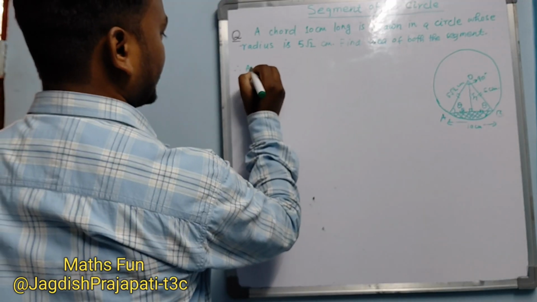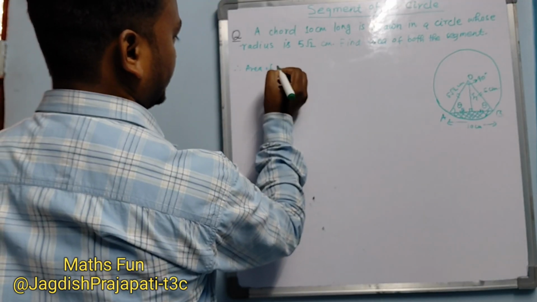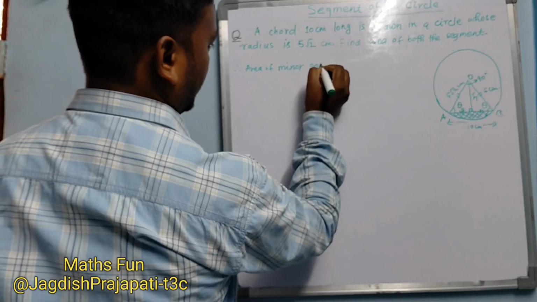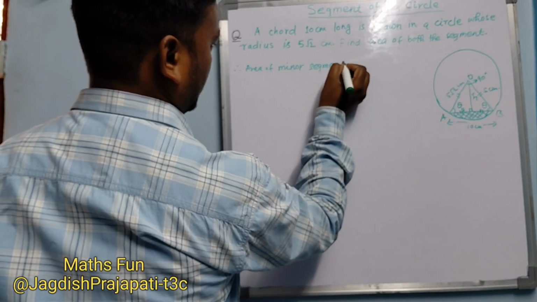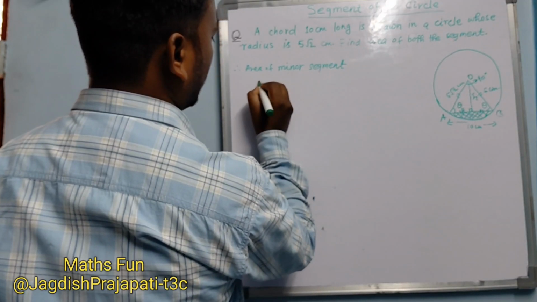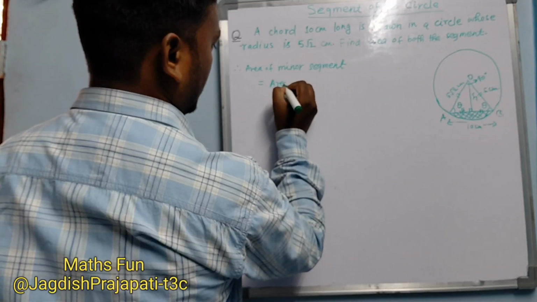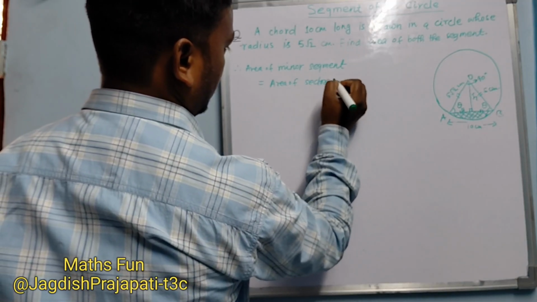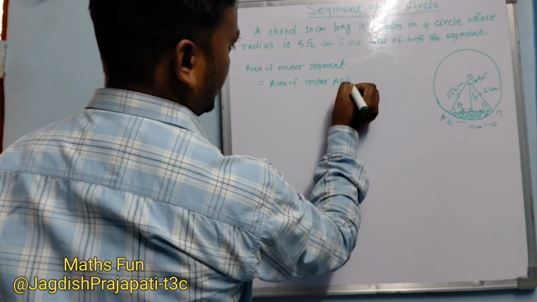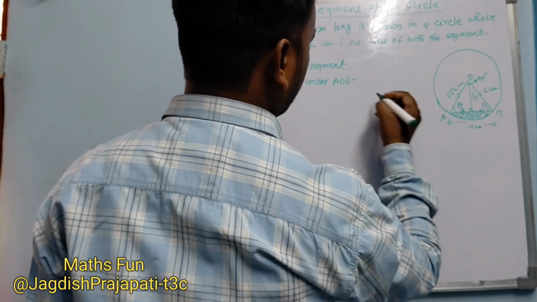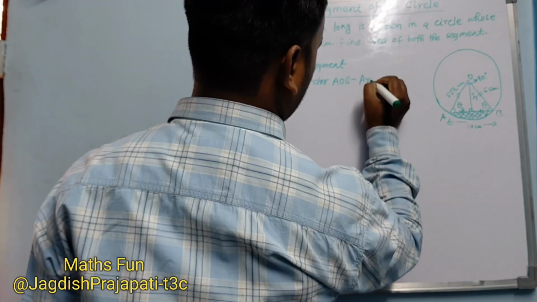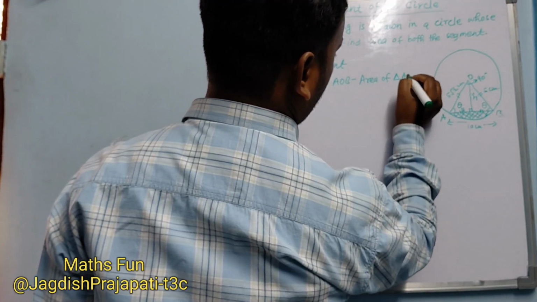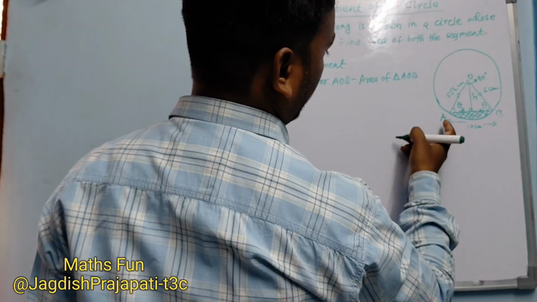Therefore, area of minor segment equal to area of sector AOB minus area of triangle AOB.